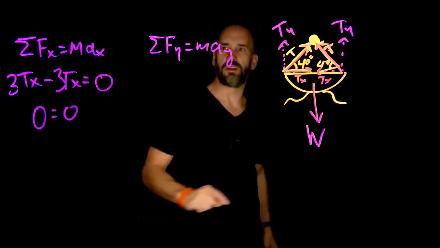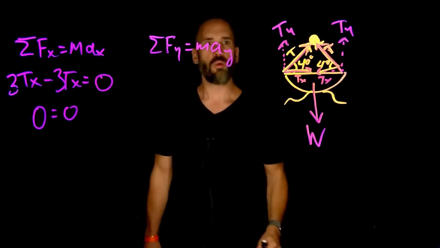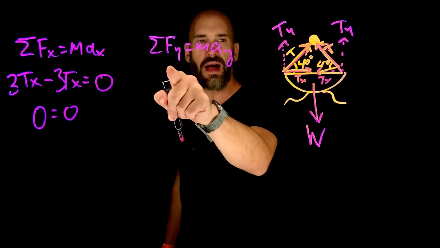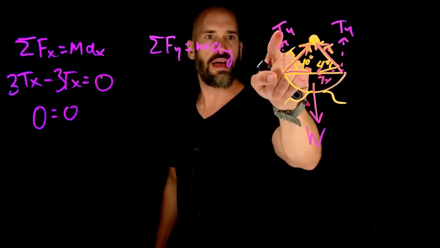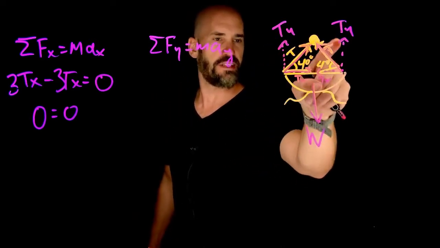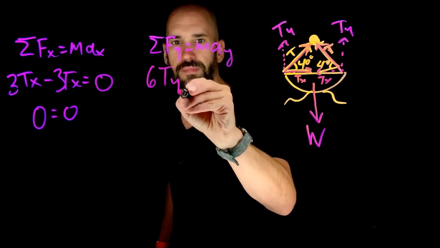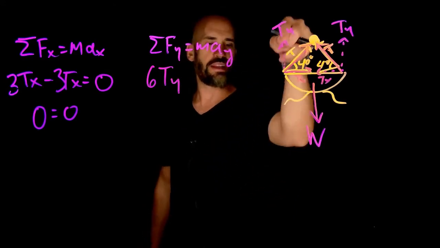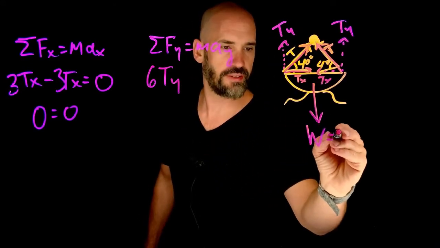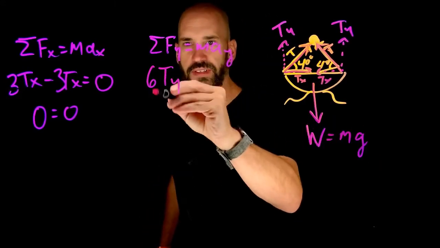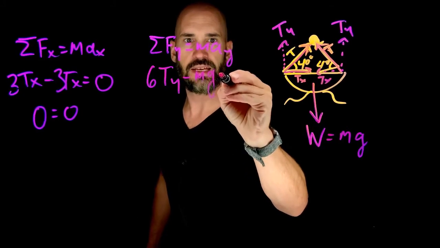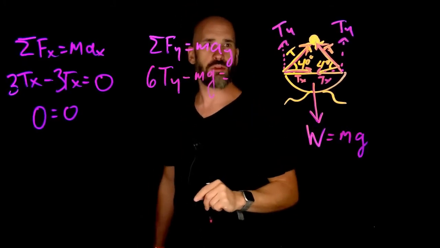Let's go to the more juicy one. Let's go to the summation of forces in y. Well, what do we got going on in positive y? We have this Ty, 3 on this side, this Ty, 3 of those on this side, for a grand total of 6 Ty. And what's going in the negative direction? W, which is just mg. So 6Ty minus mg equals, now what is the acceleration in the y direction?